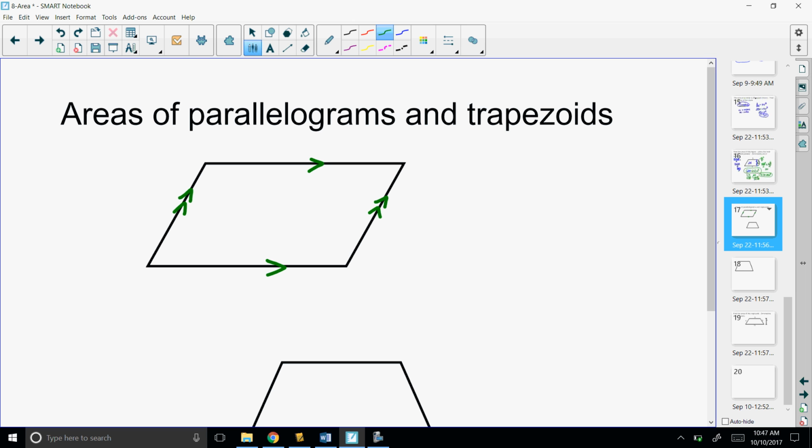If I want to find the area of that, you need to envision dropping this down to get a right triangle, finding the height of your parallelogram.